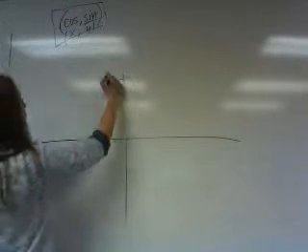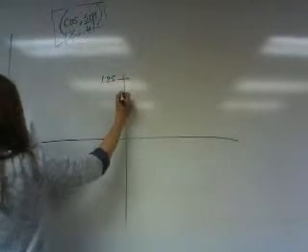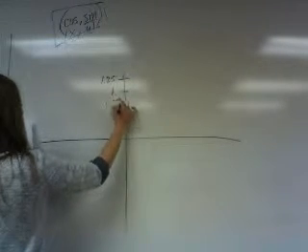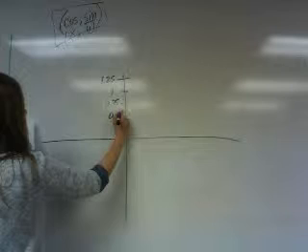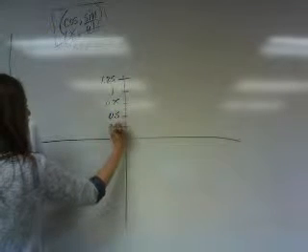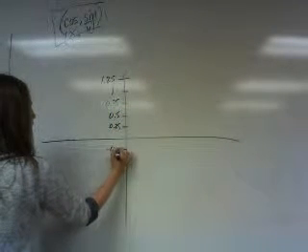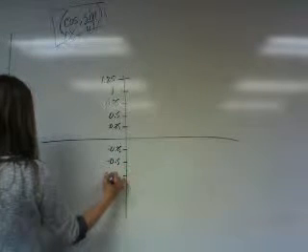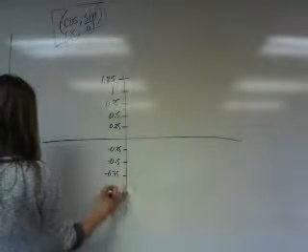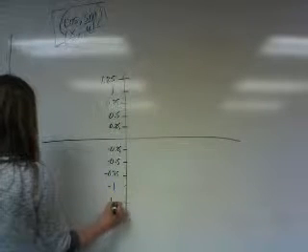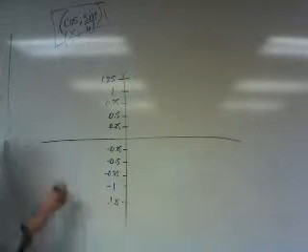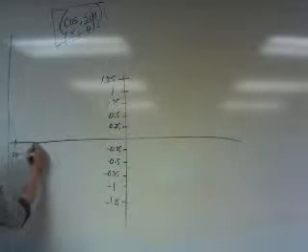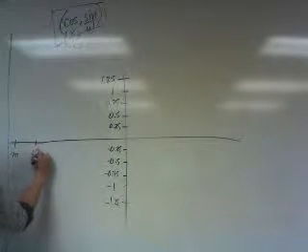So we have 1.25, 1, 0.75, 5. Okay. And then here we have like 2 pi. I'm not going to write all these down. I'm just going to write the ones we need.